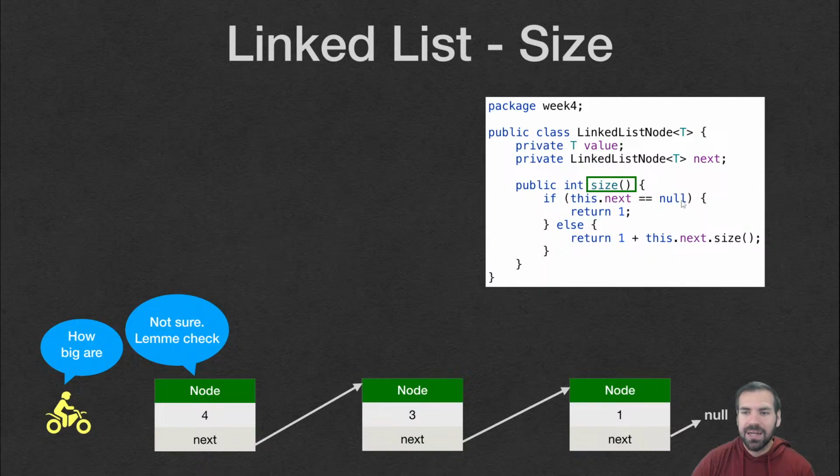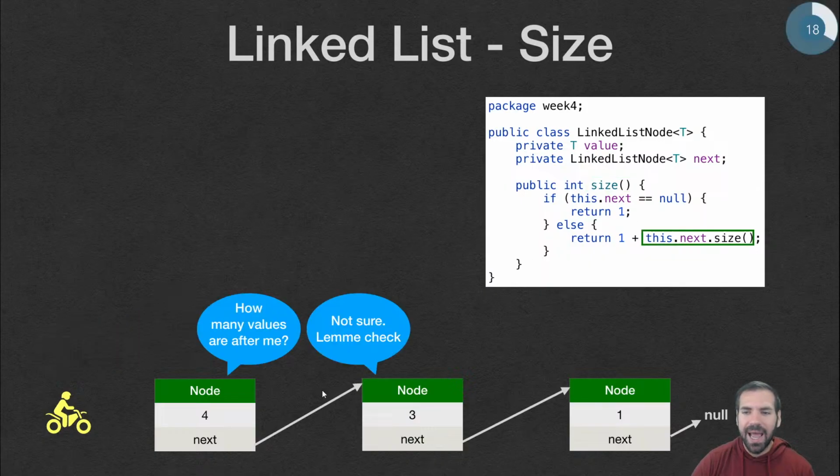So it says, okay, next isn't null. So let me just ask the next node for its size. And if everything works, zooming out, we're not doing the full trace right now, so we can overanalyze a little bit here. Let's zoom out and try to think of what's going on here. This node is going to ask the next node for its size.